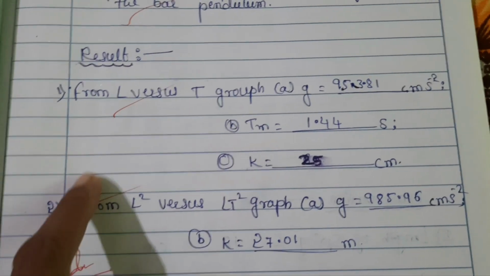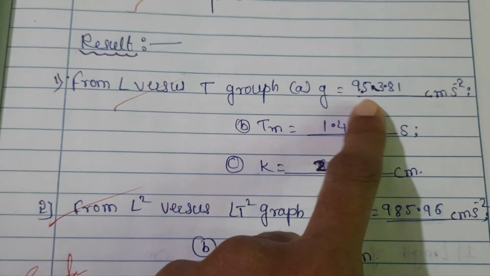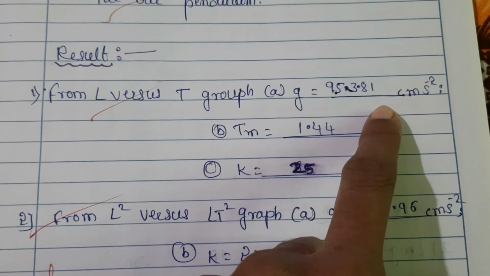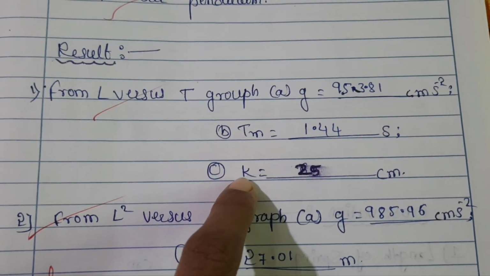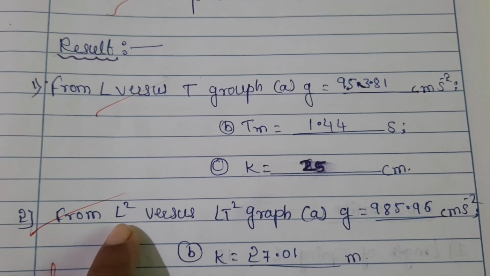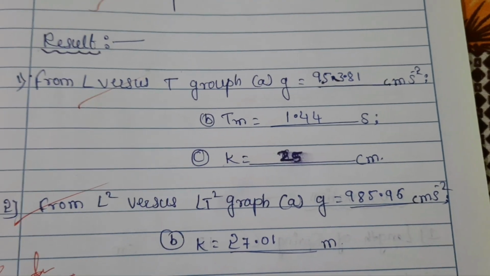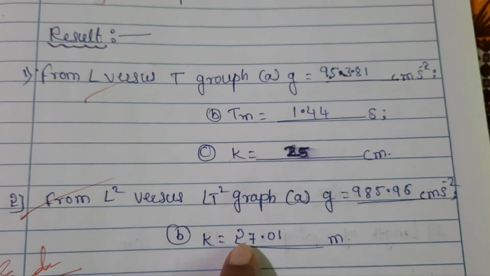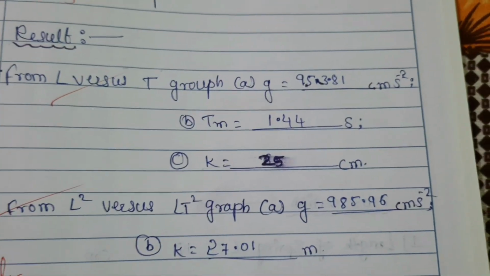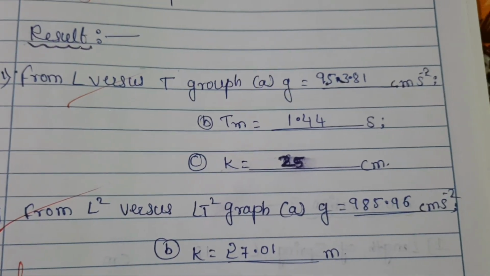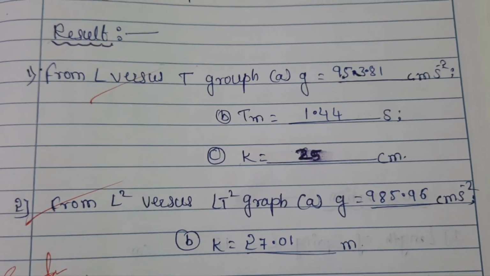So you can write the results from the first graph L versus T, the acceleration due to gravity, the time period, and radius of gyration. Then from the second graph L square versus LT square, acceleration due to gravity and radius of gyration. Both these values are near from these two graphs. So this experiment is helpful to calculate acceleration due to gravity.